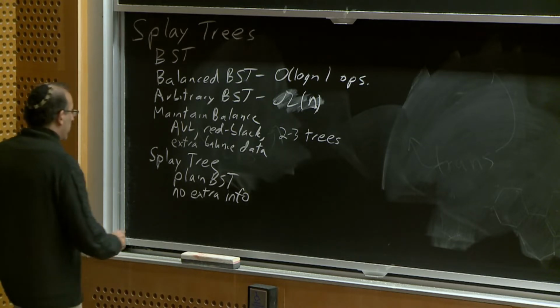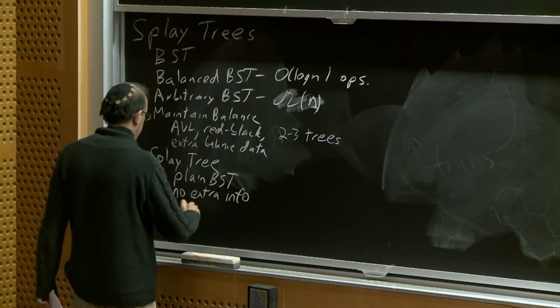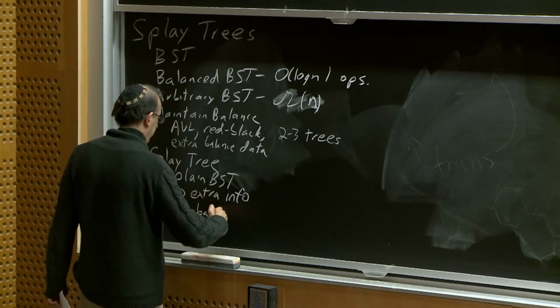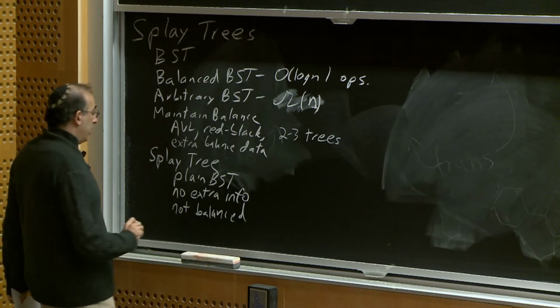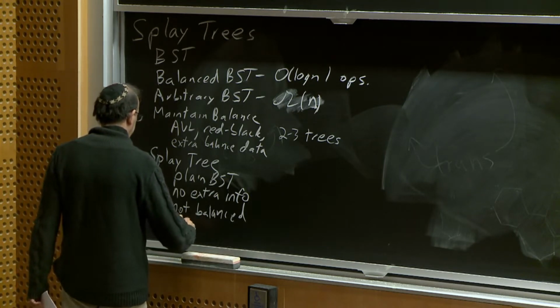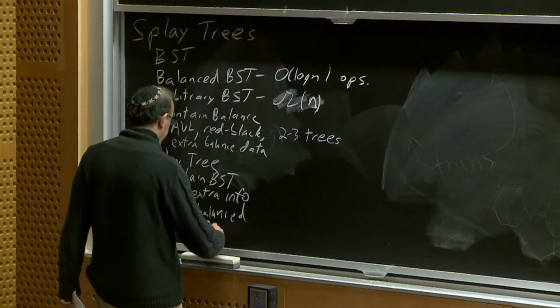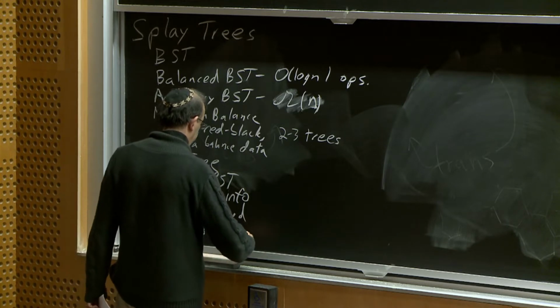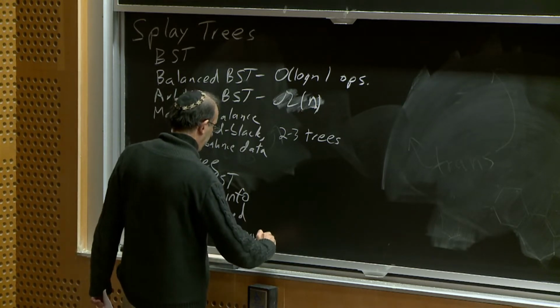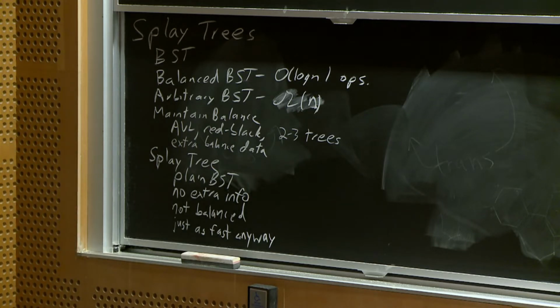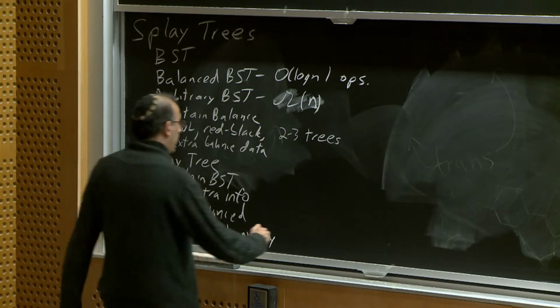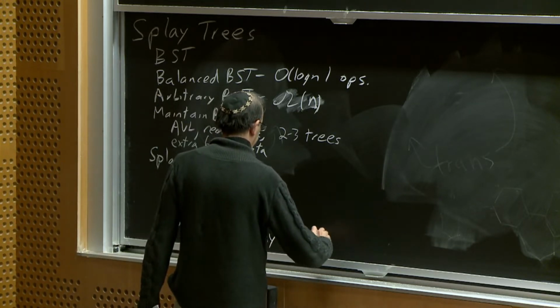And as a result, it's not balanced. But the amazing thing is that it's just as fast anyway. It achieves all the same order log n time bounds as the balanced binary search trees. It is amortized.